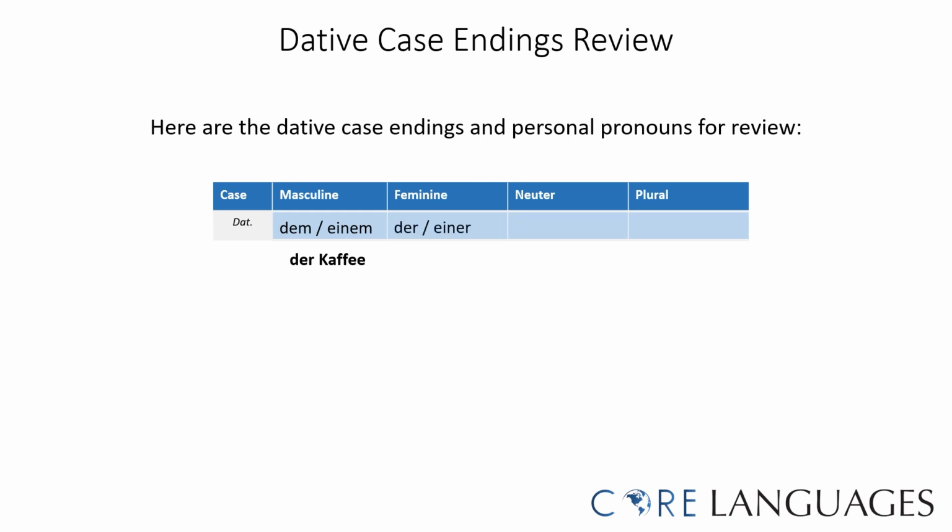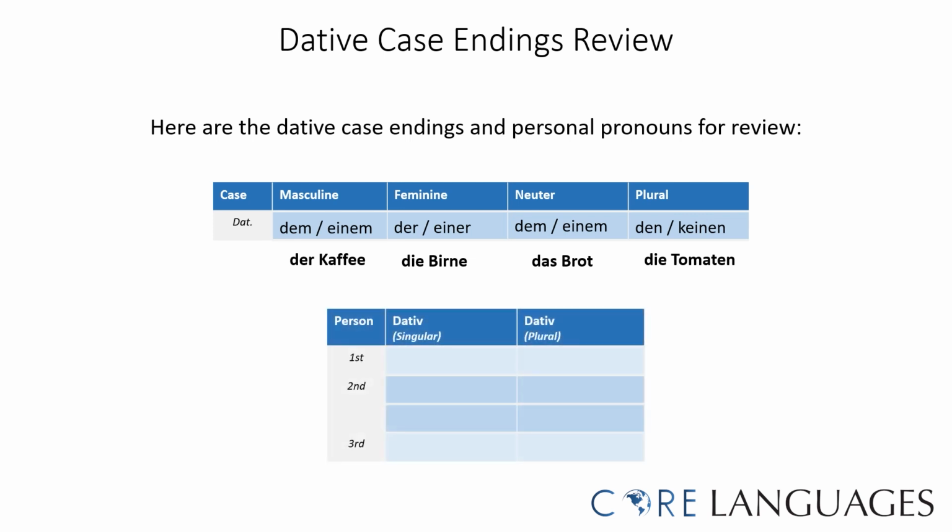A feminine noun, for example, die Birne, the pear, turns to der Birne or einer Birne. A neutral noun, for example, das Brot, the bread, turns to dem Brot and einem Brot. A plural noun, for example, die Tomaten, the tomatoes, turns to den Tomaten or keinen Tomaten, no tomatoes.